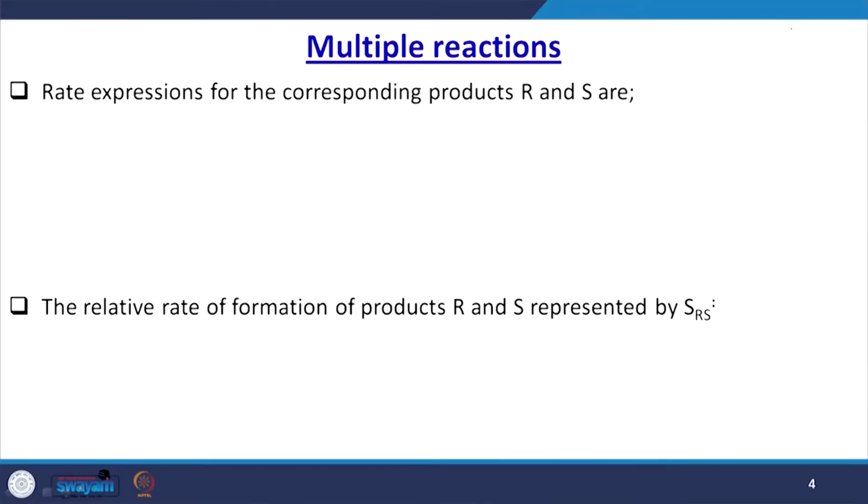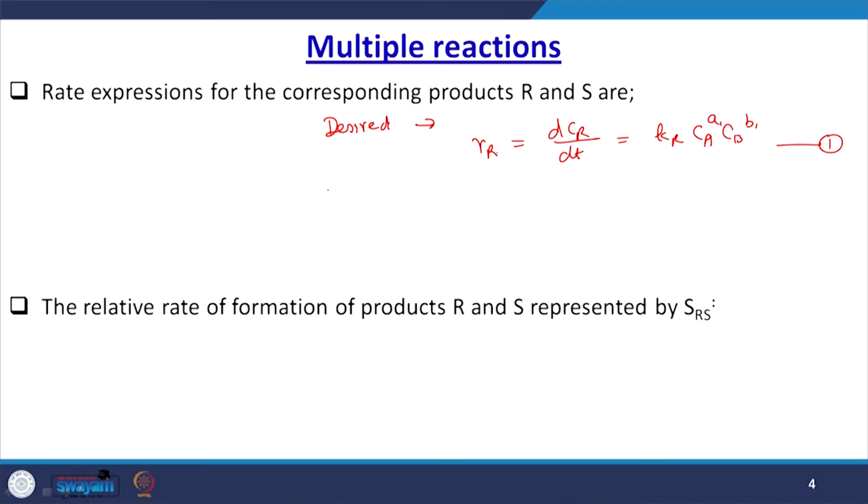So, the rate equation for the desired one can be written as Rr is equal to dCr upon dt is equal to Kr Ca^a1 Cb^b1, and we may write this as equation number 1.